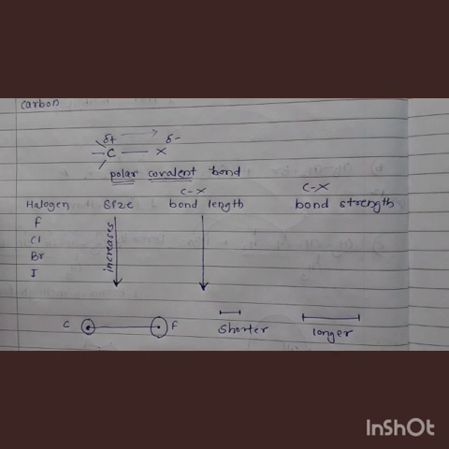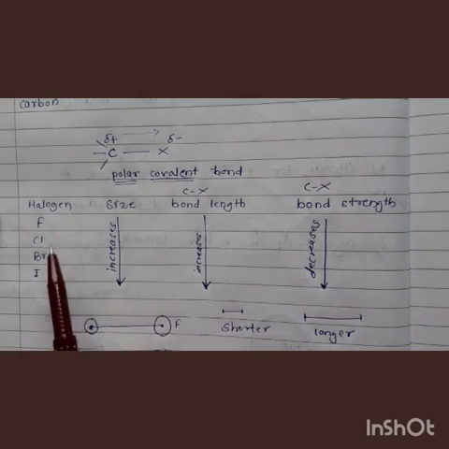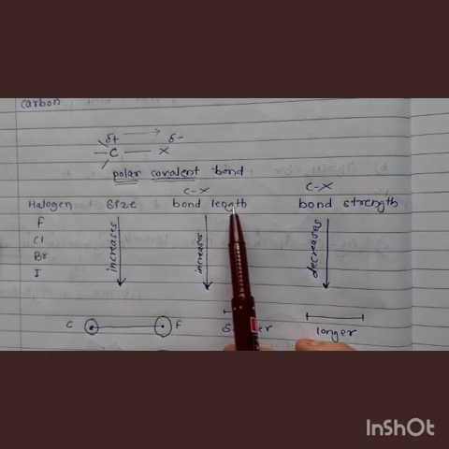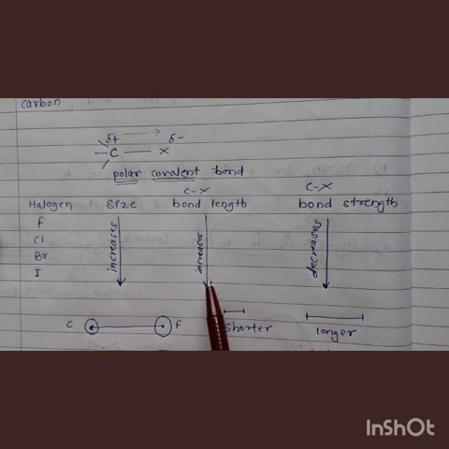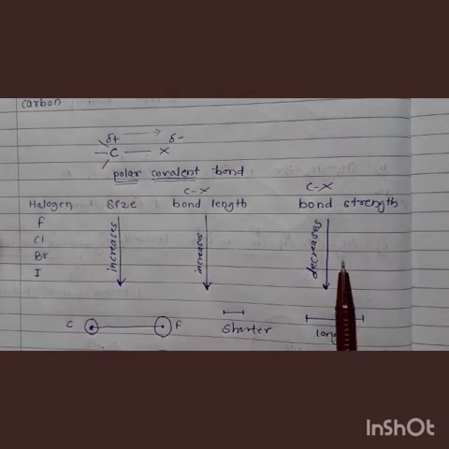Understand? So if we see halogens from fluorine to iodine, the size of the atom increases, the bond length between C-X also increases, and as the bond length increases, bond strength decreases.